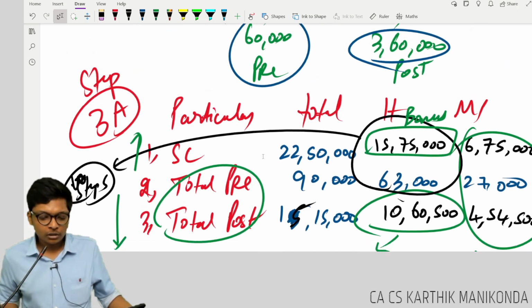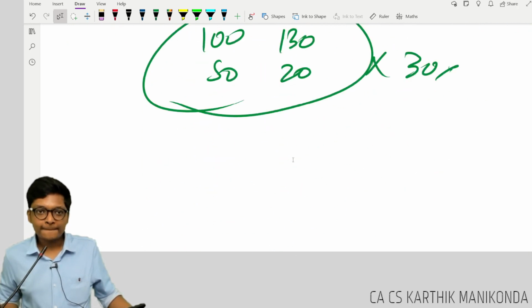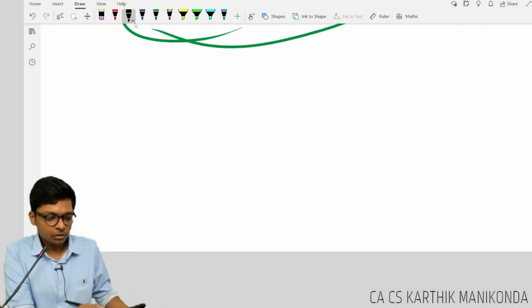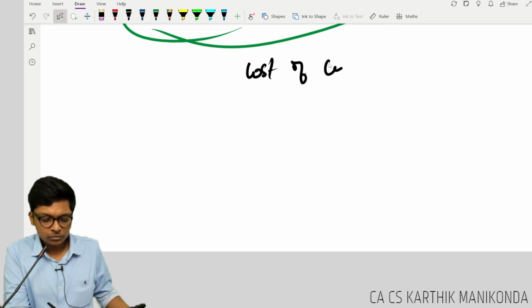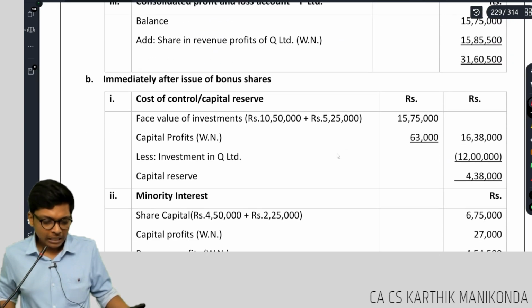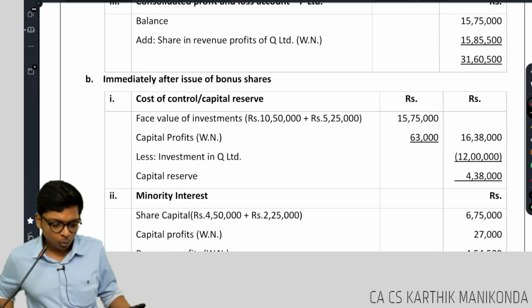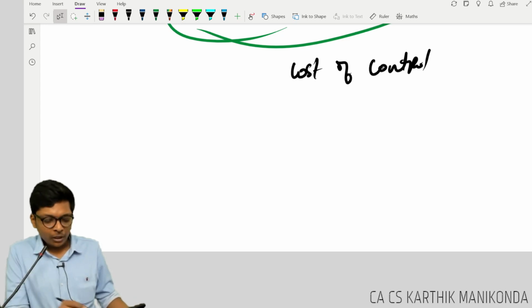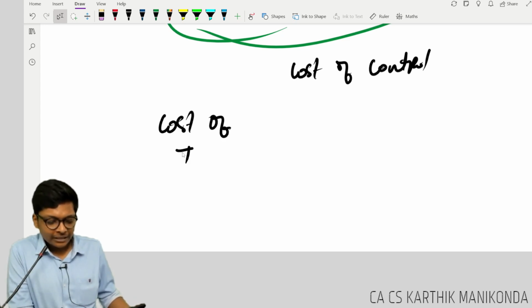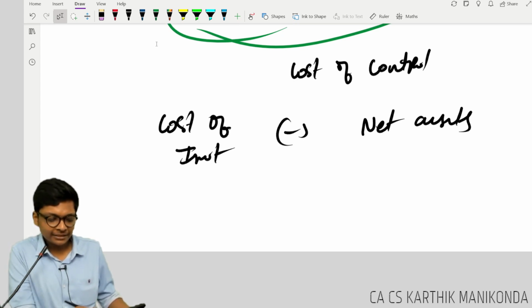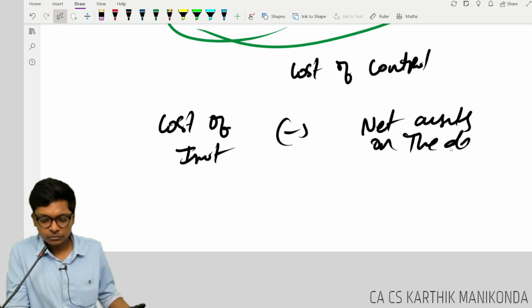Now we have to go for goodwill computation. Correct? Cost of control. In cost of control, we will consider what you paid versus what you got. What I paid, cost of investment, minus net assets on the date of acquisition, which we don't have.